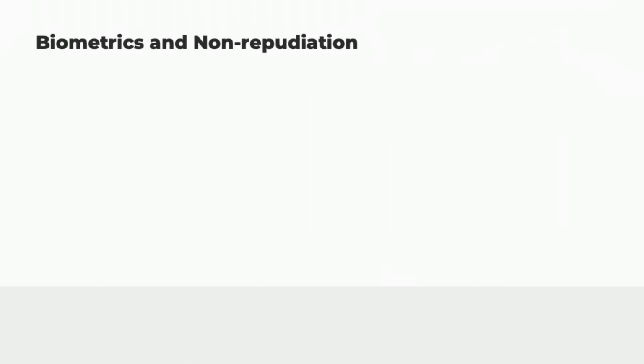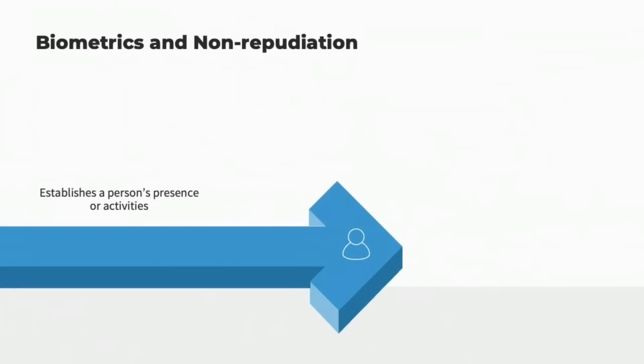Biometric data can also be used in non-repudiation cases because a person's presence in a secure location or the activity they need to perform might require the user to provide a fingerprint or a facial or retinal scan to gain access.